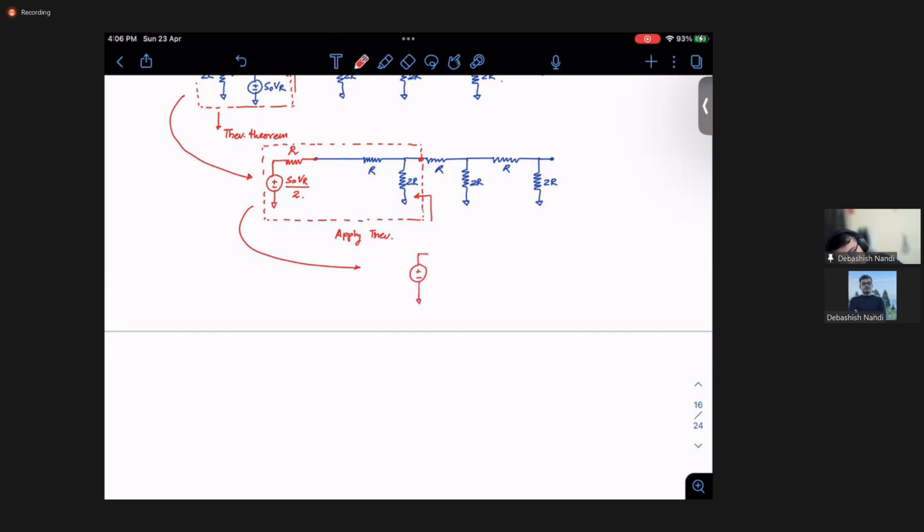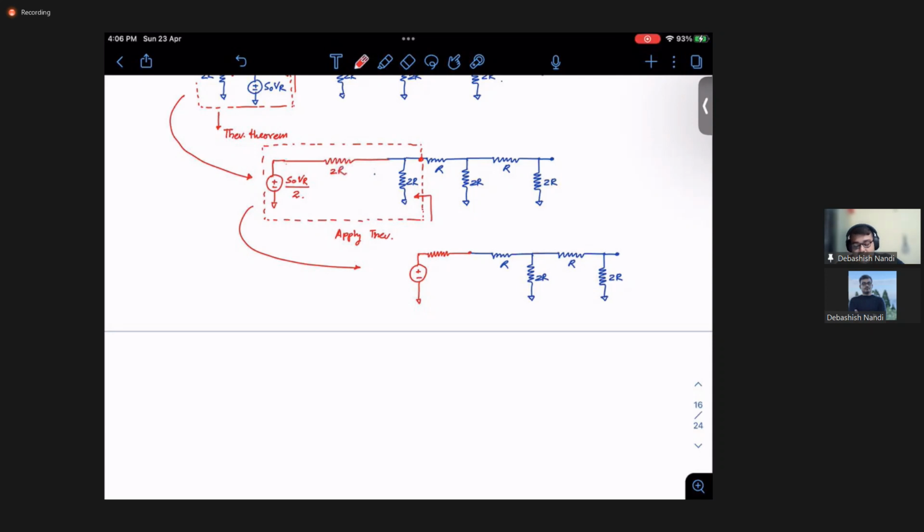And then I will have this network. Again, you can see that this I can just remove and write it as 2R.